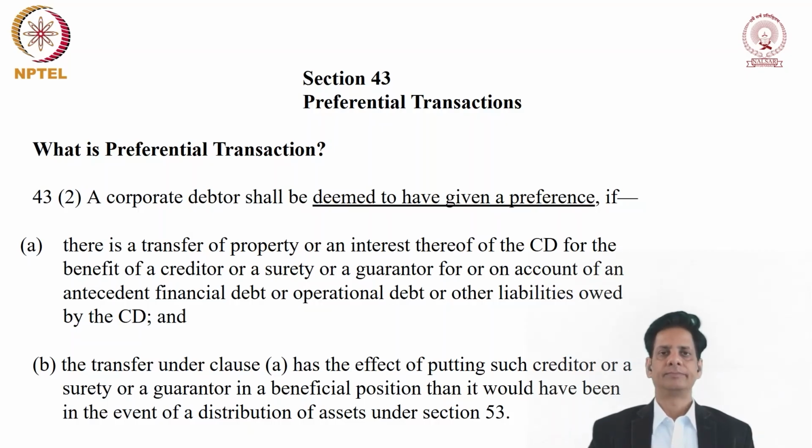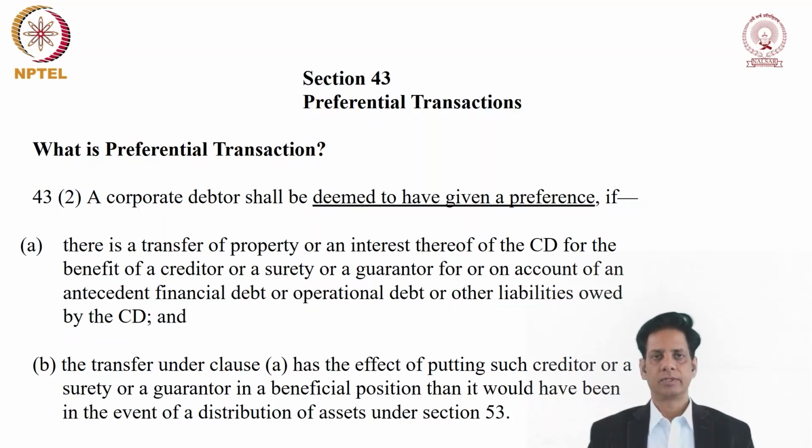Okay. Then, the second part of the transaction says, the transfer under clause A has the effect of putting such creditor or a surety or a guarantor in a beneficial position than it would have been in the event of a distribution of assets under section 53.